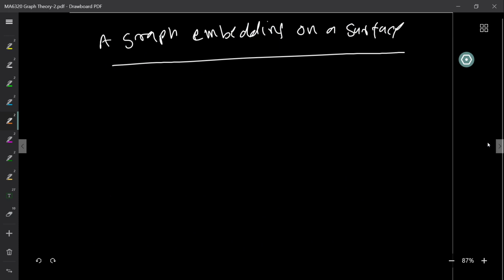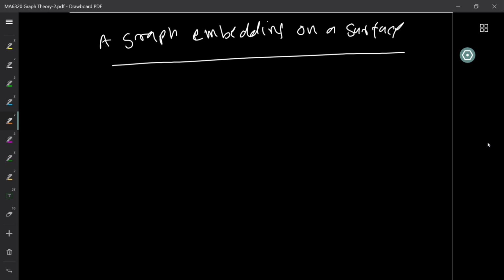Just a very quick look at this. What is a planar graph? We will visit this later in detail. A planar graph is basically about visualizing graphs by drawing them. When you draw them, you are drawing on some surface, whatever the surface is.